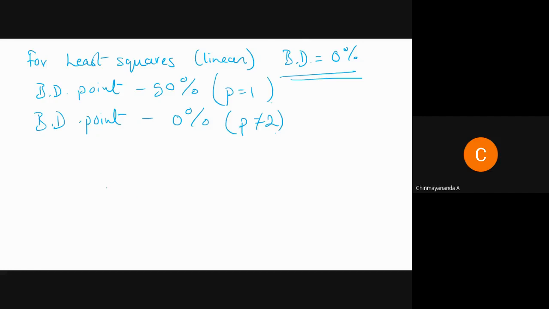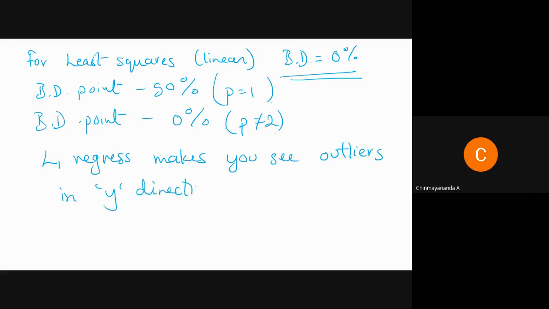But there is one good news about this. This L1 regressor makes you see outliers in the y direction. That is one advantage.